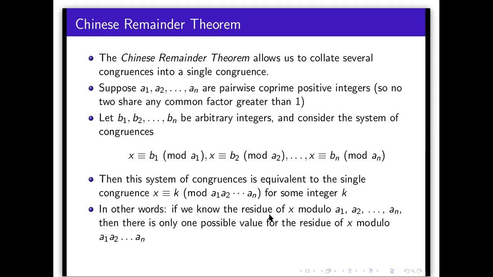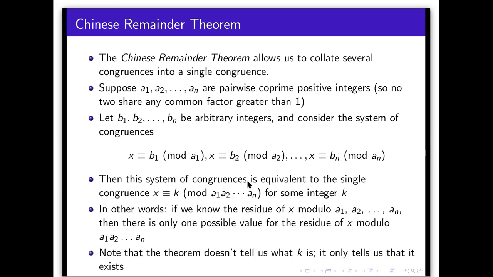So if we know what x is modulo A1, modulo A2, and all the way to modulo An, then there's only one possible value for x modulo the product. And as I mentioned earlier, the theorem doesn't actually tell us what k is.